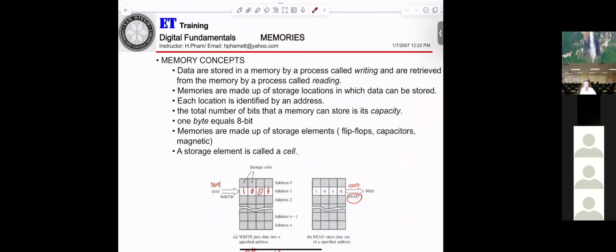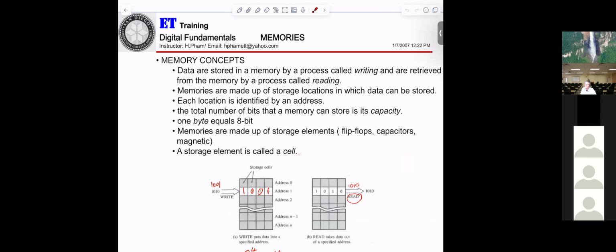Now, memory concept. Data is stored in the memory by a process called writing and is retrieved from the memory by a process we call reading.